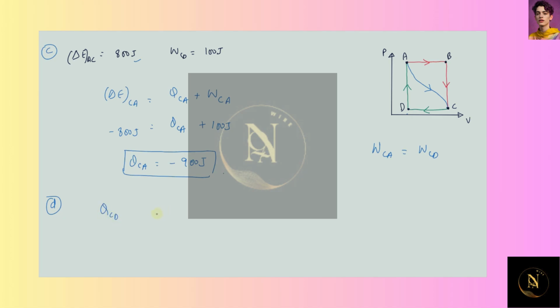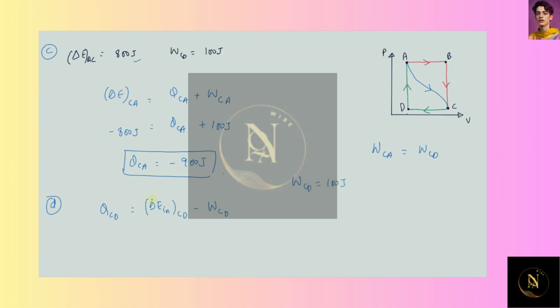For that we'll be applying the first law of thermodynamics, and from it we can say that QCD will be equal to the change in internal energy for the process CD minus WCD. And WCD we already know was equal to WCA, and WCA is 100 joule.